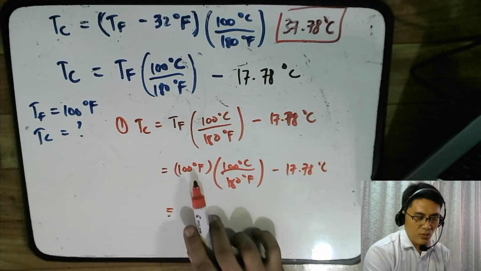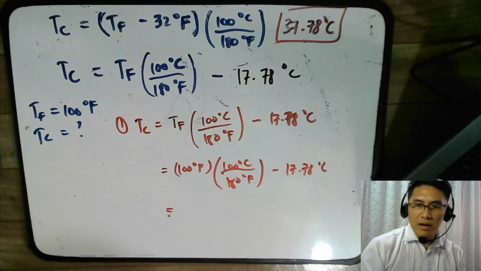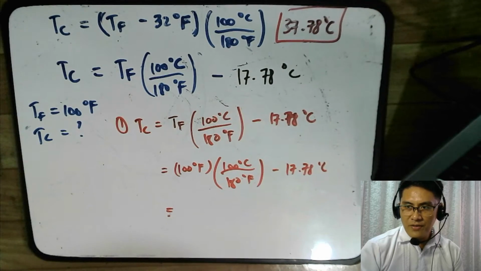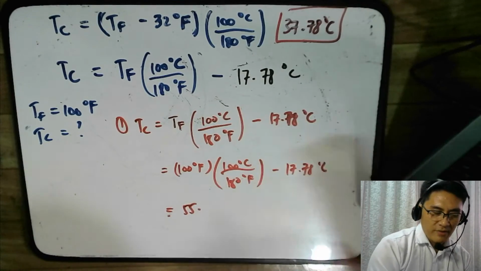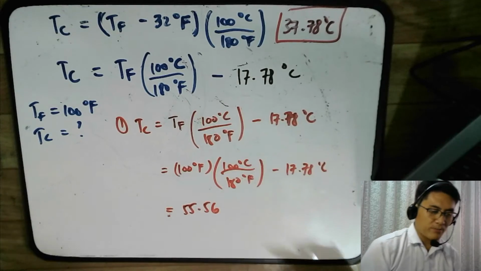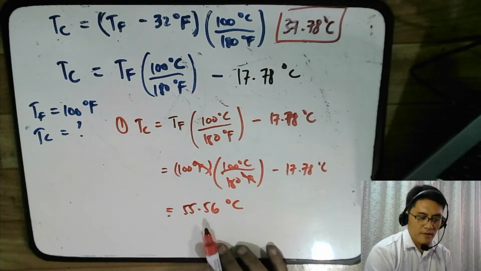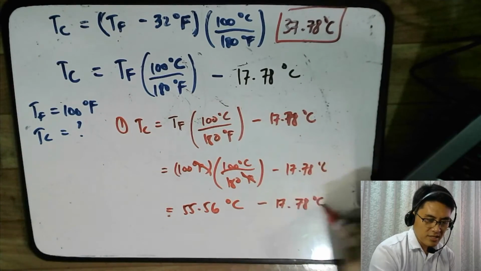If I do this, 100 times 100 is 10,000, right? 10,000 divided by 180, and again, I have to use my calculator for this. That sums up to 55.55555555. Let's just round it off to 55.56. And remember, Fahrenheit here cancels out, so that gives you Celsius. And then you still have this term, which is minus 17.78 degrees Celsius.